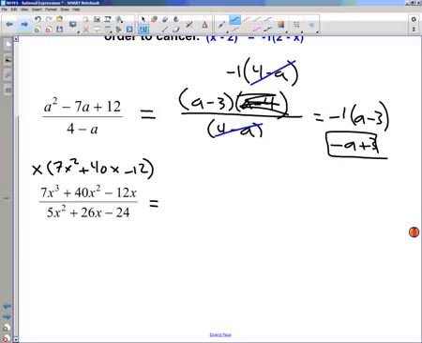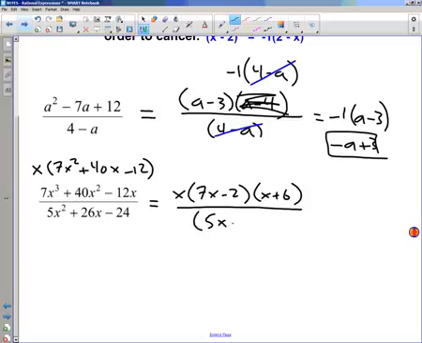There's no GCF on the bottom. On the top, we're going to end up with 7x minus 2 times x plus 6. On the bottom, that will factor into 5x minus 4, also times x plus 6.